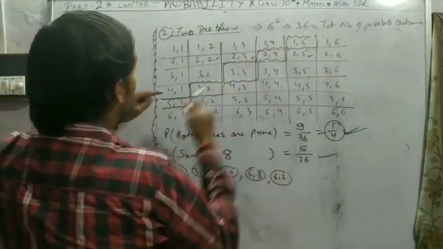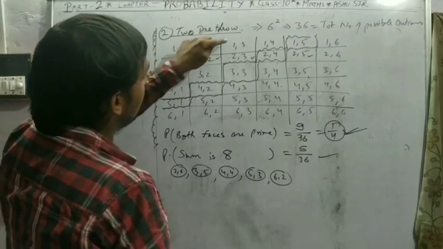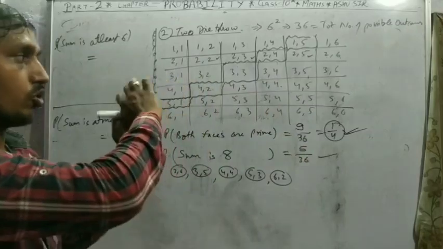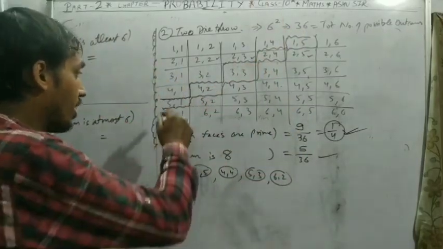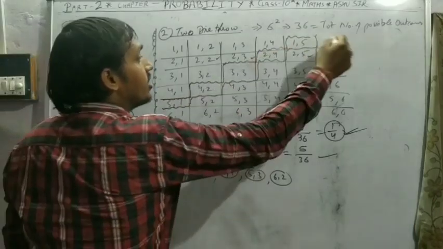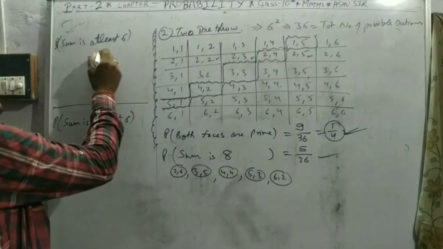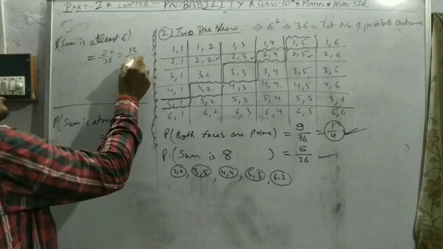So we count 1, 2, 3, 4, 5, 6, 7, 8, 9, 10. 10 numbers are less than 6. So we have 36 minus 10, 26. Means below these lines there are 26 numbers with the sum at least 6. 26 upon 36, 13 by 18.